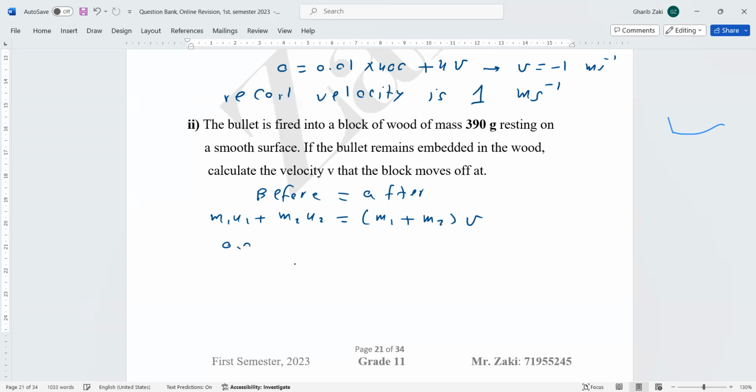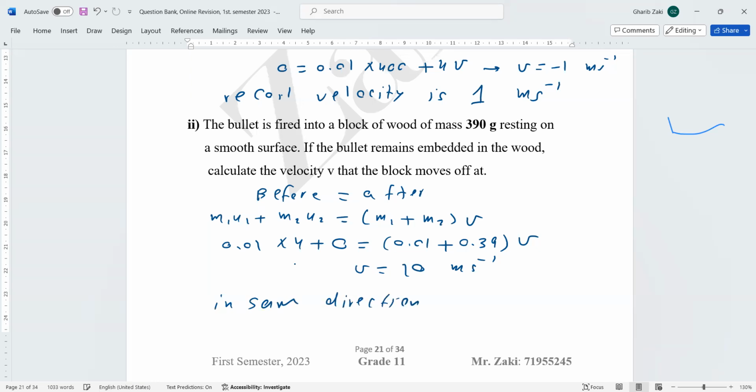So 0.01 multiplied by 400 plus 0 equals 0.01 plus 0.39 multiplied. From this, V equals 10 meter per second. So in the same direction as the bullet.